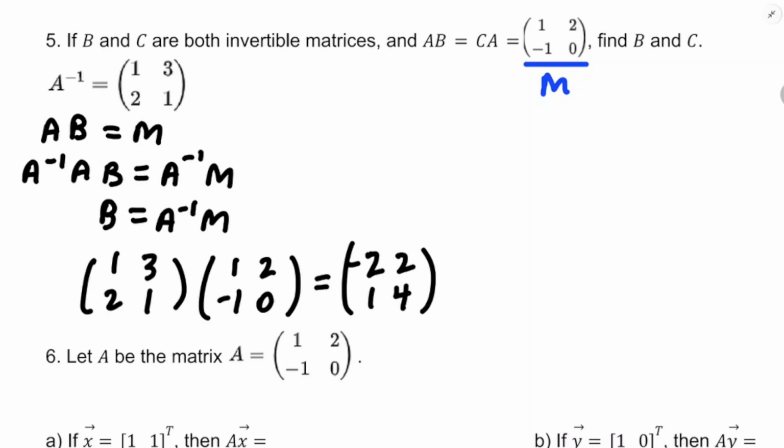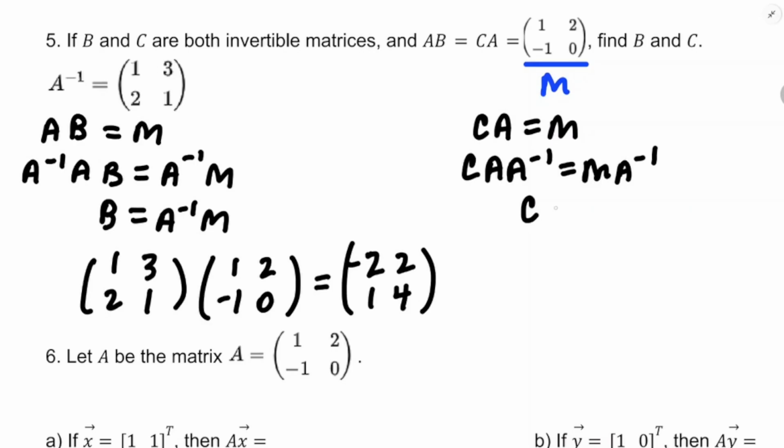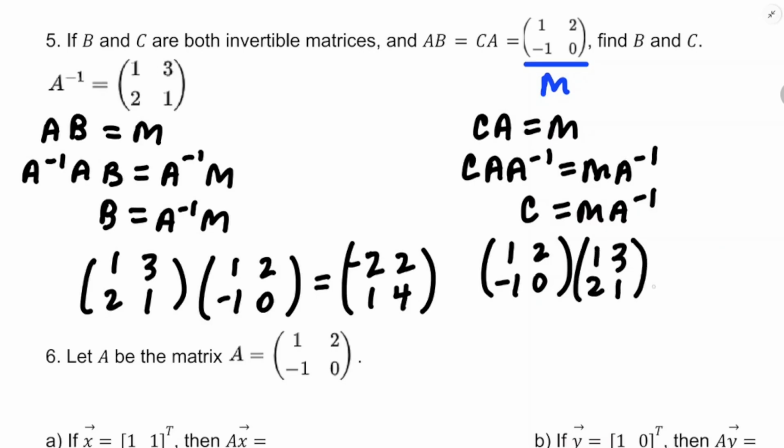And then for the other equation, I've got CA equals M. I'm going to multiply both sides of this equation on the right by A inverse to get C on its own, and so C is M times A inverse, which is [1, -1; 2, 0] multiplied by [1, 2; 3, 1].